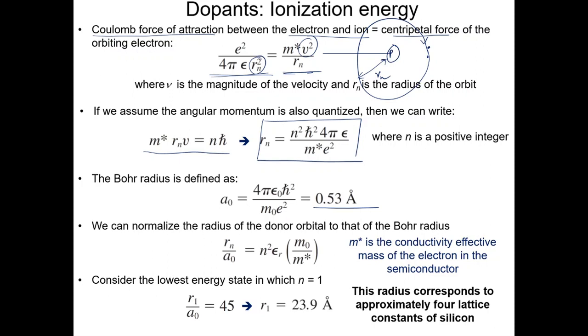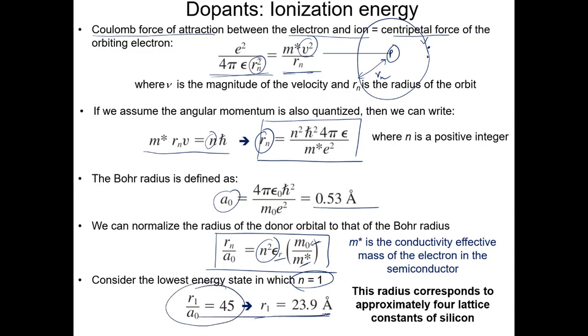Taking the ratio of this radius and the Bohr radius, you will find it is related to n squared, epsilon r, and the ratio of the effective mass to the mass of the particle in free space. For the closest energy state, n equals 1, this ratio comes close to 45, which means the radius is close to 23.9 angstroms.